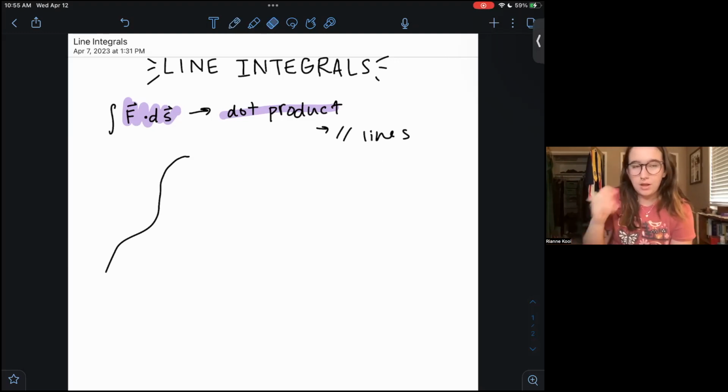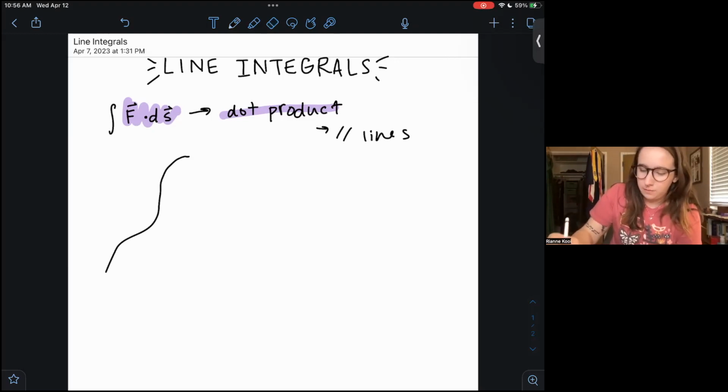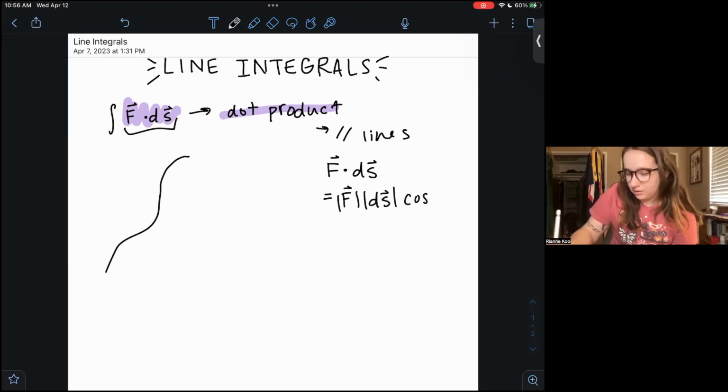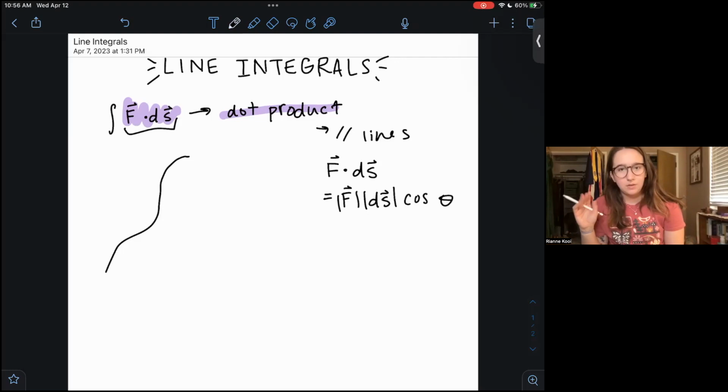Another way we can write this, if we just isolate this part and imagine f dot ds just outside of the integral, is as the magnitude of f, the magnitude of ds, cosine theta, where theta is the angle between these two.